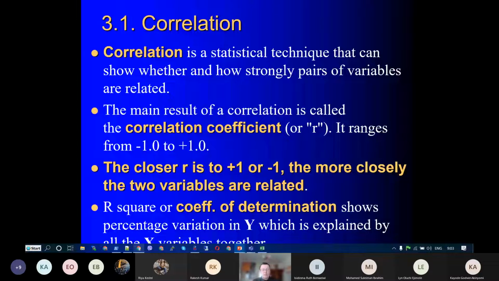The result is measured as a coefficient of correlation, which ranges from -1 to +1, indicating strong negative or positive correlation, and values close to 0 indicate absence of correlation. In addition to the correlation coefficient, its square, the coefficient of determination, is also used to show the percentage of variation in the dependent variable explained by the independent variable or predictor.